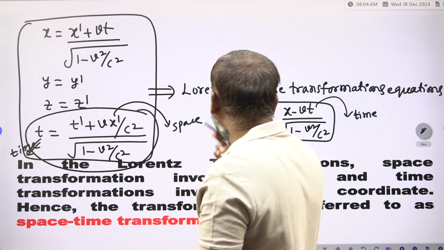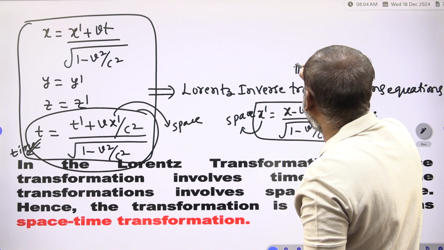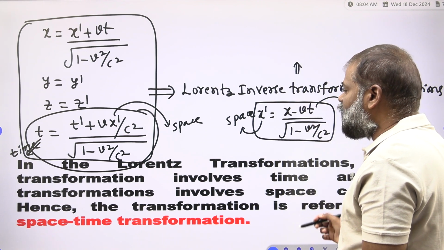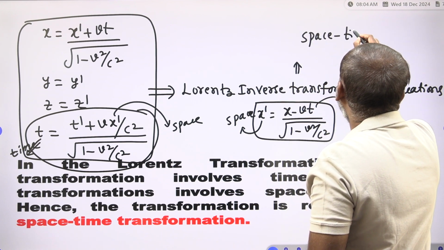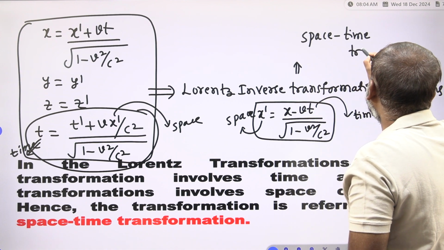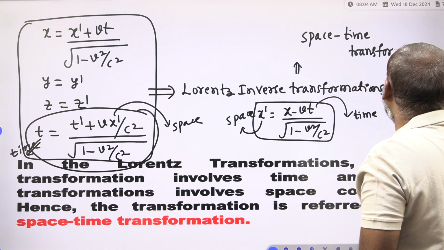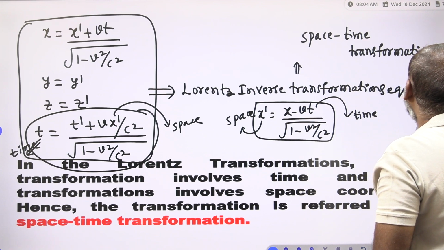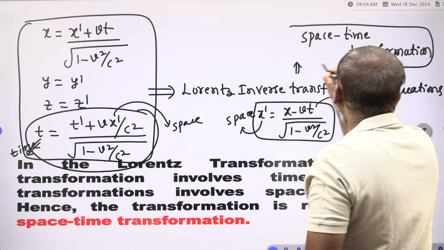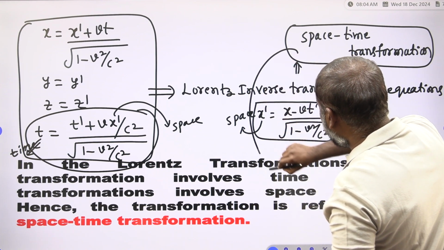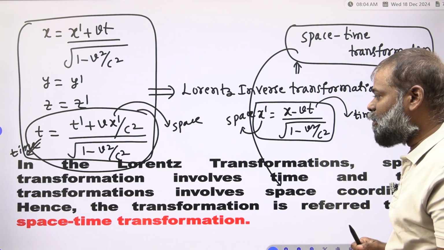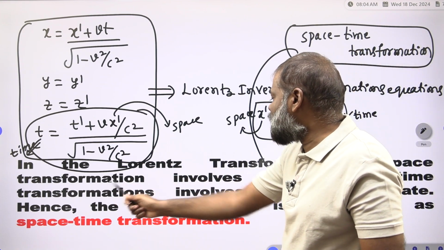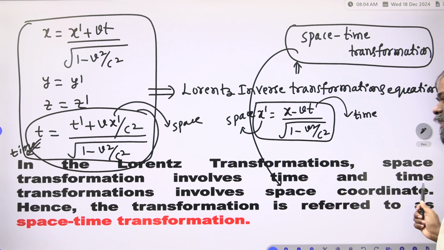So that's why we also call these Lorentz transformations space-time transformations. This is very important, and many times it comes up as a theory question. What is the space-time transformation? Why do we call the Lorentz transformations space-time transformations? Because the space transformation involves the time coordinate and the time transformation involves the space coordinate.